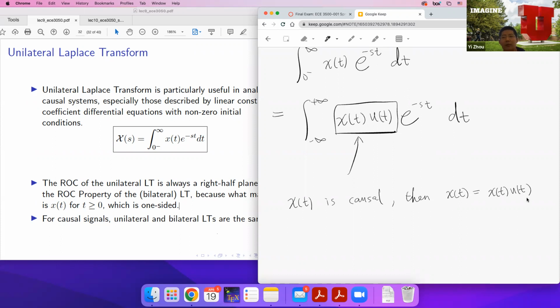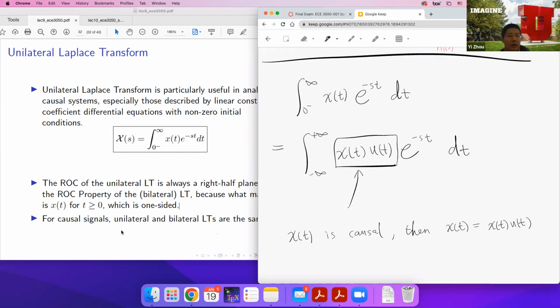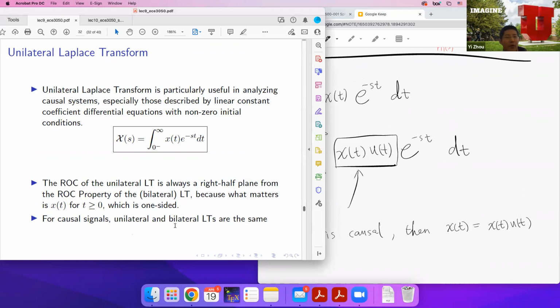That's the definition of causality. So these two transforms are the same because the signal only occurs after 0, and you can just consider this integration starting from 0.